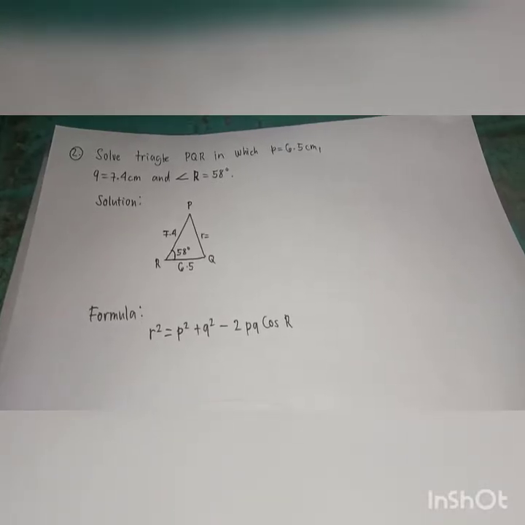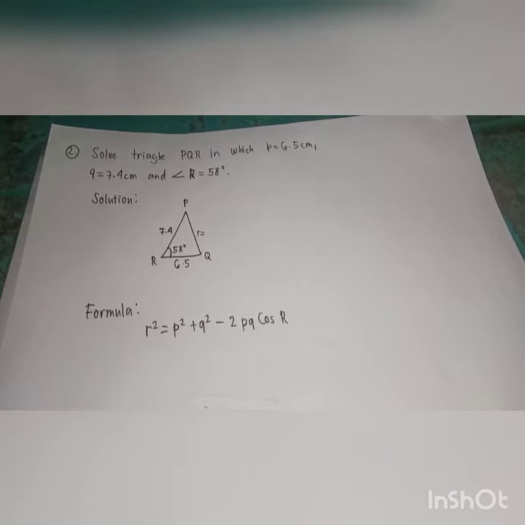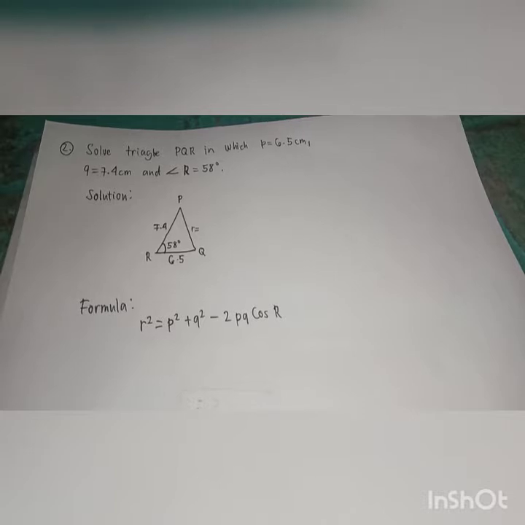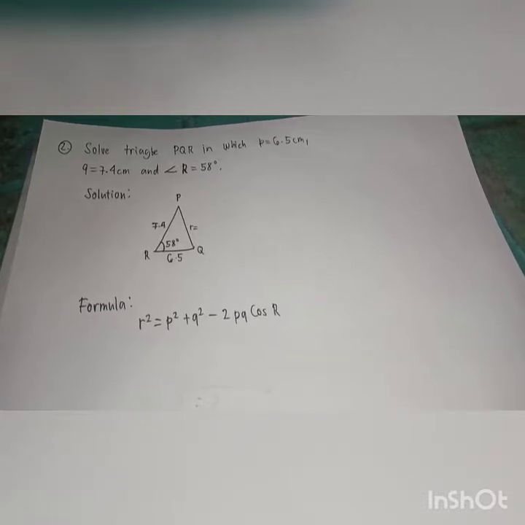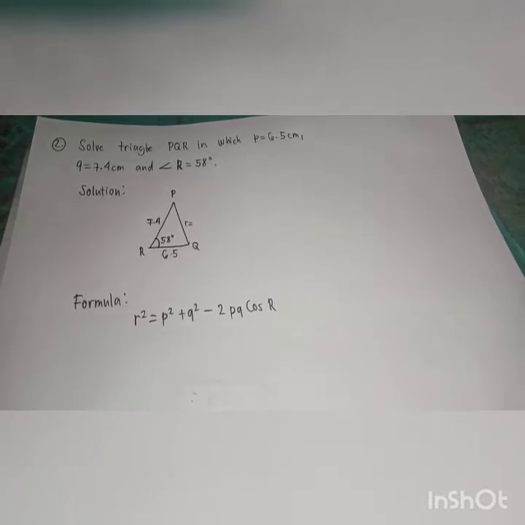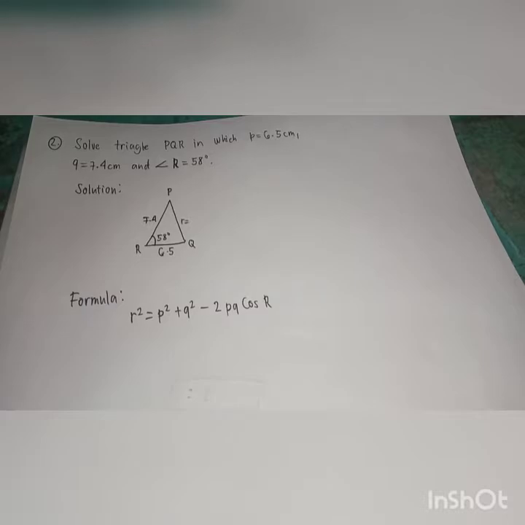Example number 2. We have to solve the triangle PQR in which p is equal to 6.5 centimeters and q is equal to 7.4 centimeters and the angle R is equal to 58 degrees. So the solution.